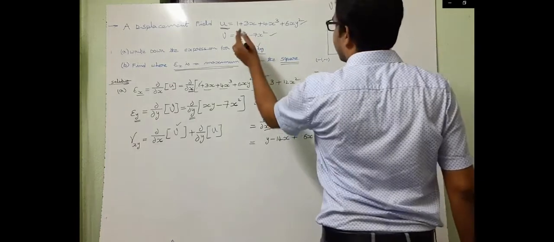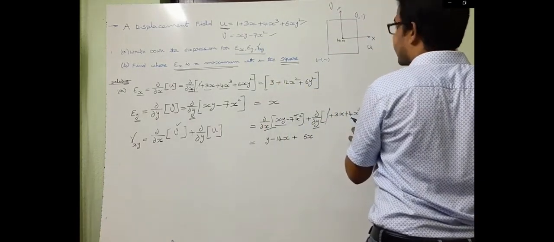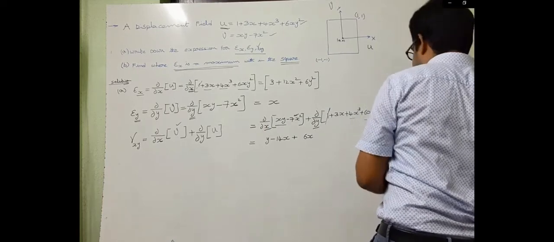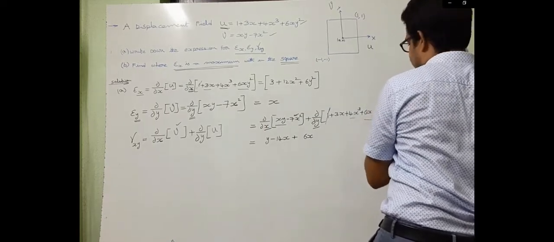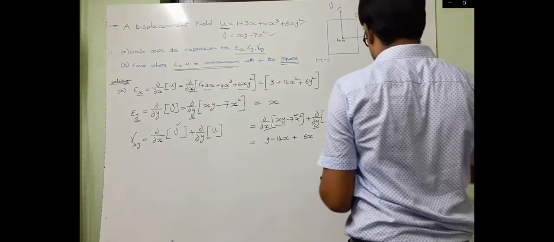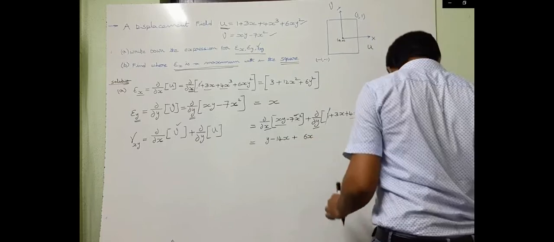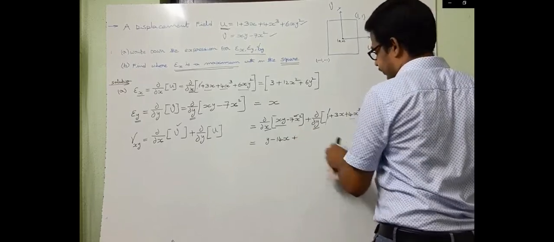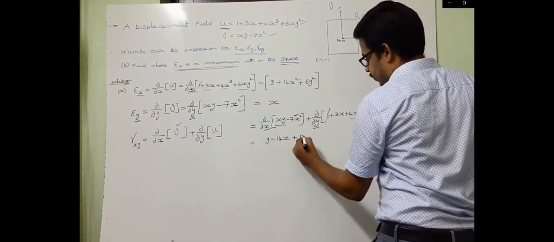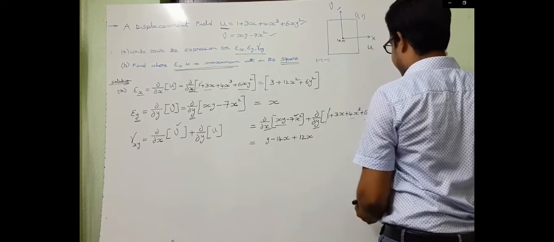What is the u value? 1 plus 3x plus 4x cube plus 6xy square. With respect to y, 6 into 2 is 12, so 12 into x.